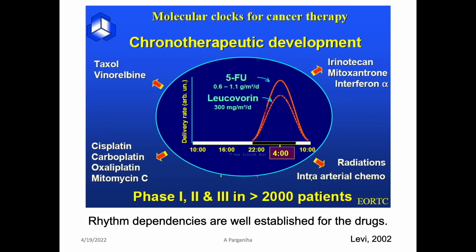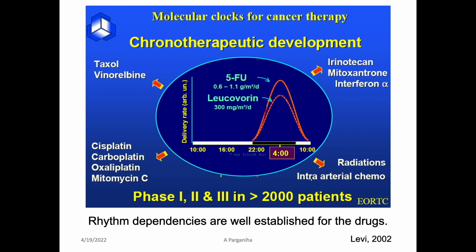And the same drugs, in the case of human cancer patients, there are several clinical trials, consisting of more than 2,000 patients, in which the effectiveness of the drug has been established.